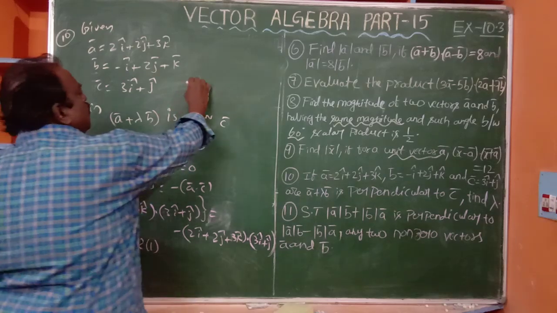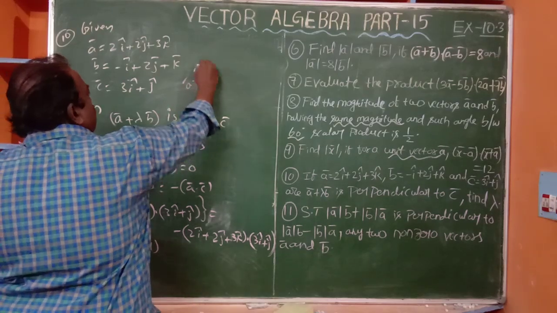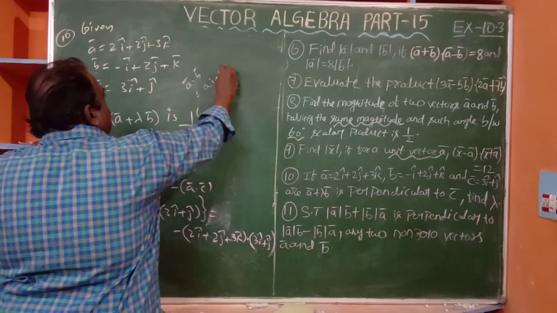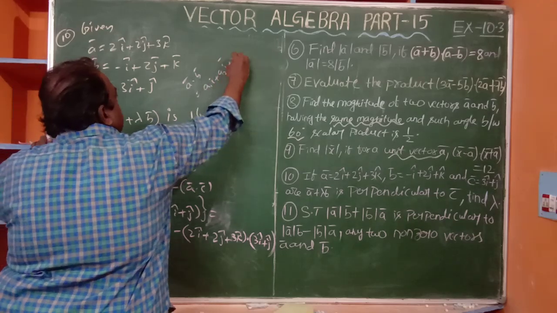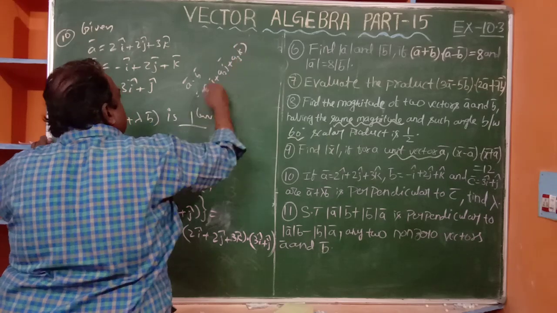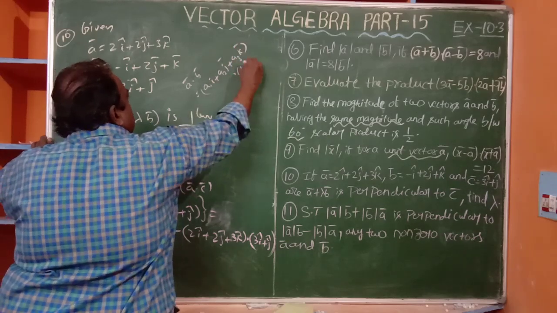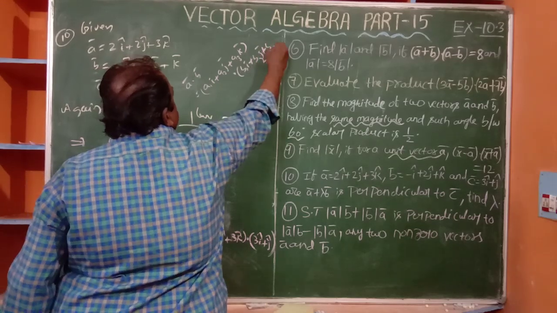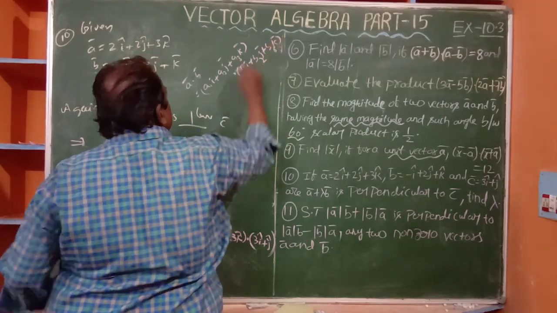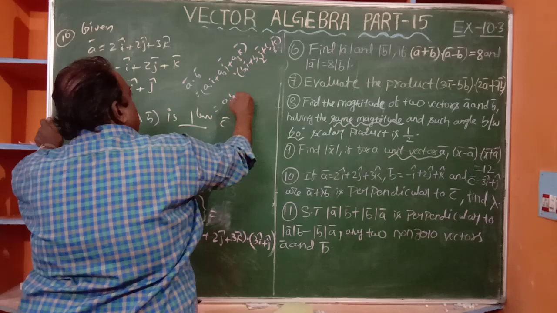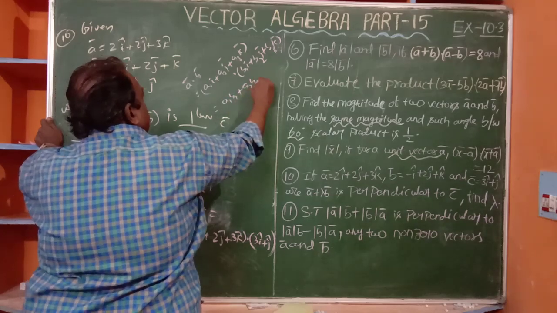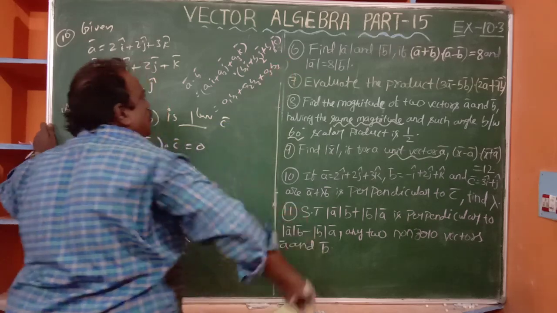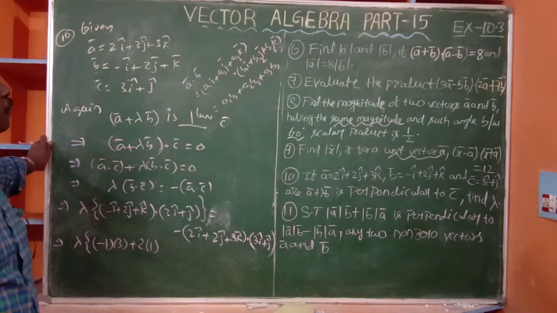Suppose I write here A bar dot B bar, that means (A1 i plus A2 j plus A3 k) dot (B1 i plus B2 j plus B3 k). So it is simply A1 B1 plus A2 B2 plus A3 B3. The property is given.